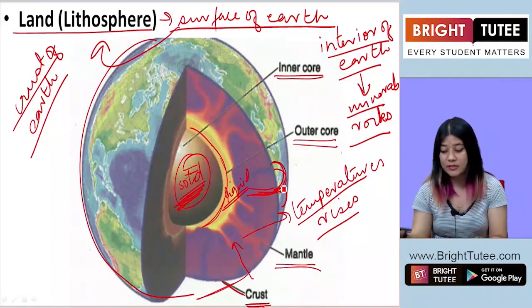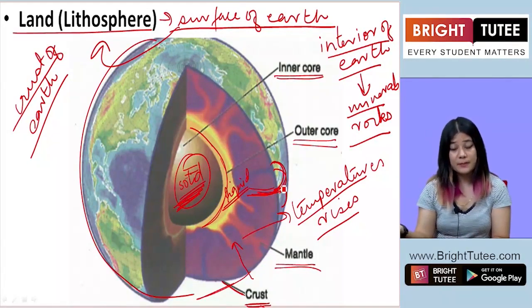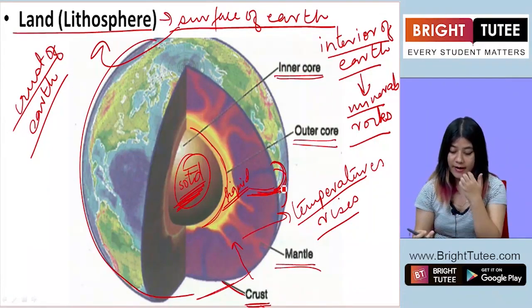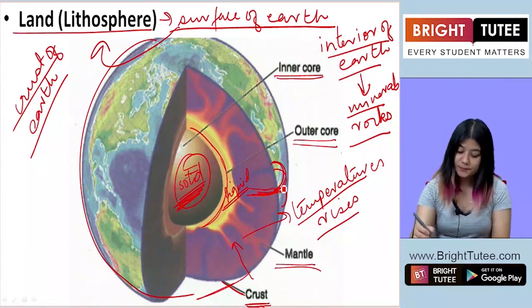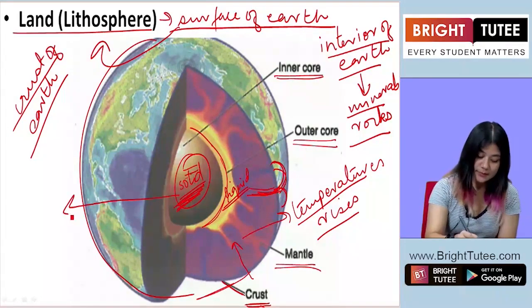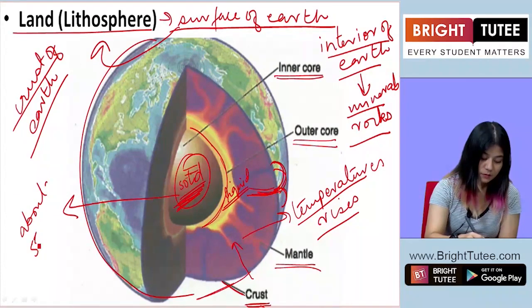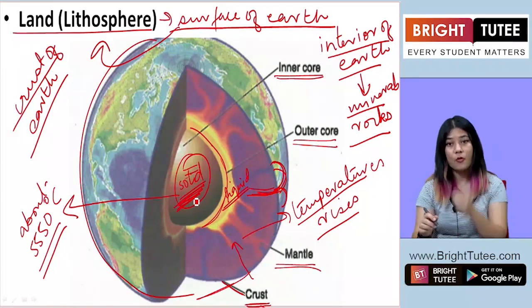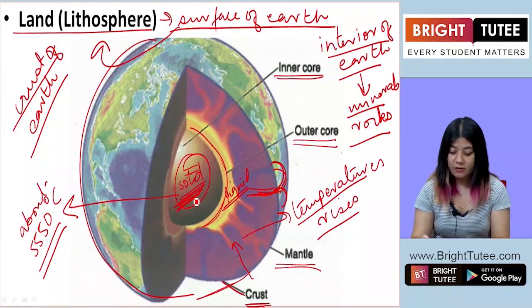They can melt houses, they can kill people because of how hot these lavas are. The temperature of the core is about 5,500 degrees Celsius. This is the temperature of the innermost core of the Earth's interior.